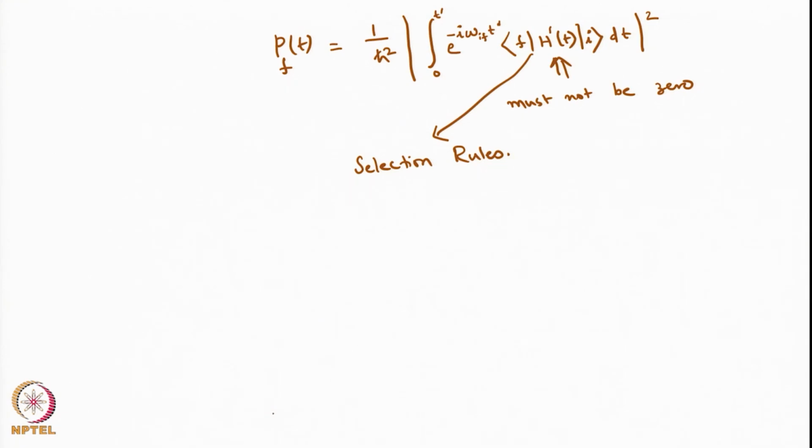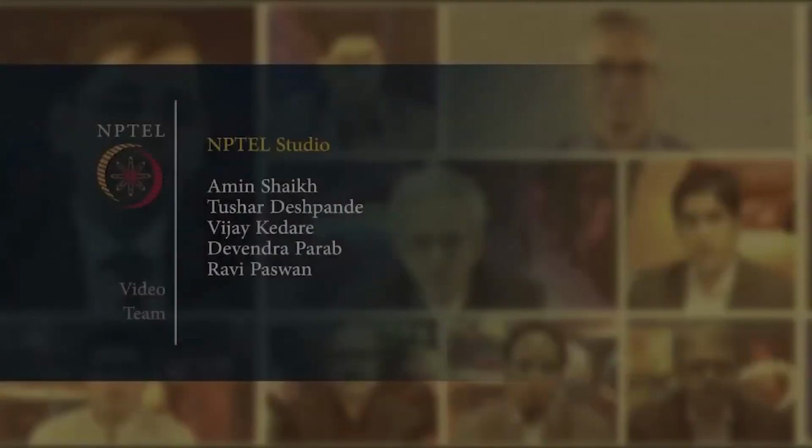Okay, and H'(t) will have some form which we have not discussed, but we will come to that in the next lecture or the lectures following that. Whatever is the form of H'(t), it should make sure that this integral will not go to 0, and thus will correspond to the selection rules. Okay. We will stop here for this lecture and continue in the next lecture.